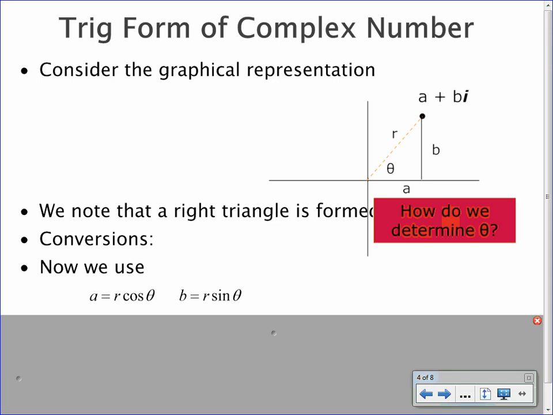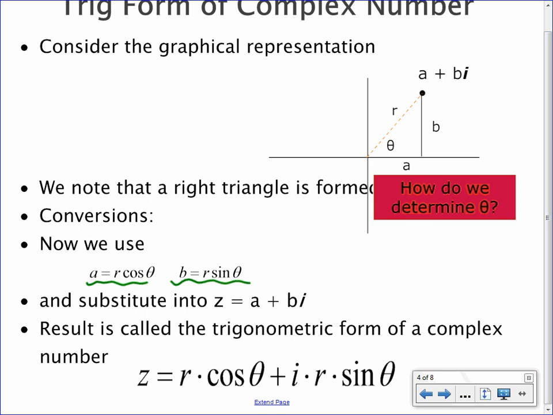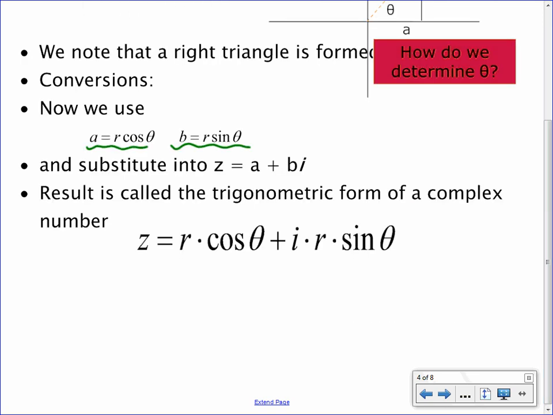The absolute value, which is represented by the distance back to the origin. So if I take a and b and substitute them back into z equals x plus yi, or a plus bi in this case, the trig form of a complex number looks like this. Our cosine theta is our real part, a. Our sine theta is our imaginary piece.